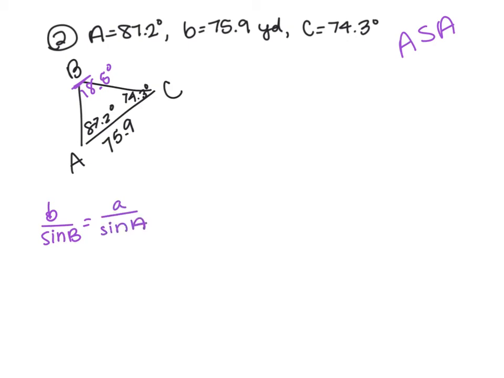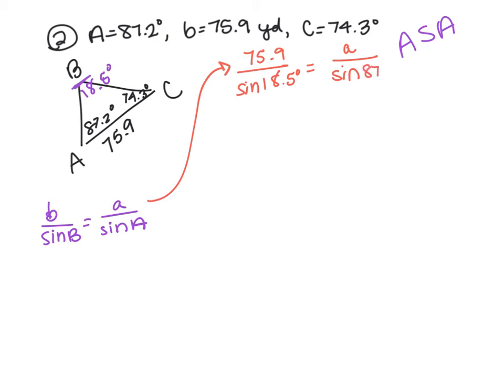So we'll plug into this formula. I'm going to bring it up top here so I have more room. So we do 75.9 over sine of 18.5 degrees equals a, that's what we're solving for, over sine of A, and A is 87.2 degrees. So now, just like before, just a quick cross multiply, divide.